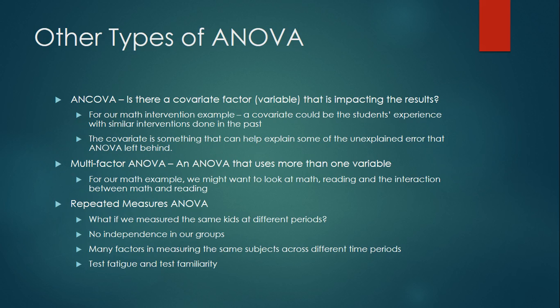That repeated measures ANOVA basically means that we're not independent, that we do have overlap in our groups, and that we're using the same kids for all three different conditions.